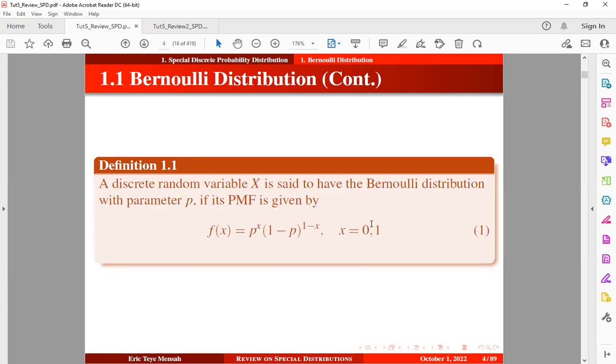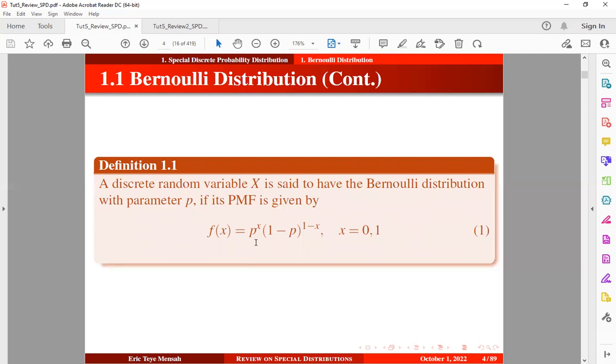Now let's take a look at the definition of the Bernoulli distribution. A discrete random variable X is said to have the Bernoulli distribution with parameter p if its PMF is given by equation 1. So in equation 1, this p is a parameter of interest, which is basically the probability of the outcome of interest, okay? Because for a Bernoulli trial, we have two mutually exclusive outcomes, either yes or no, or good or bad.